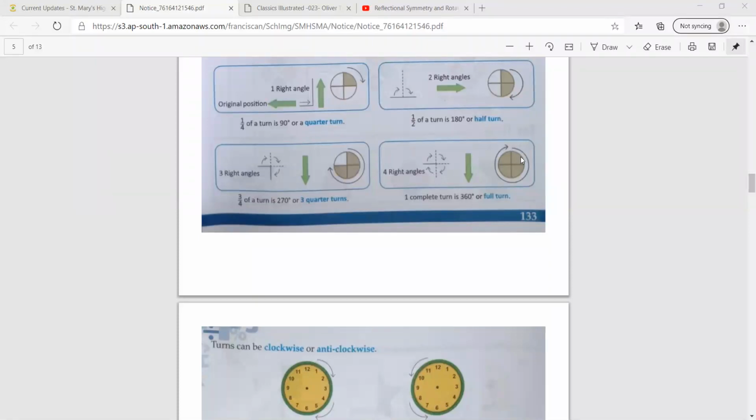If we are turning from here to here, one full round if we take, then it is called a full turn. 4 right angles, and 4 multiplied by 90 is 360. So it is called one complete turn. So just get familiar with these names: quarter turn, half turn, 3 quarter turns, and full turn.